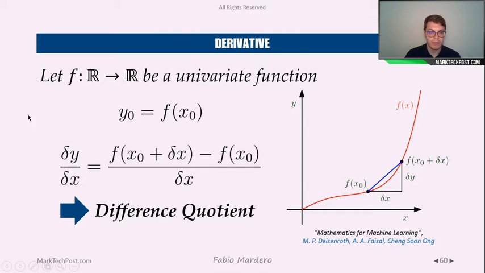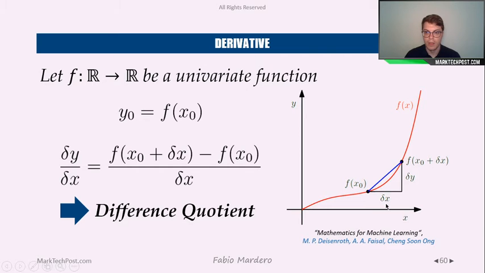We say that delta y over delta x is the difference quotient, and is equal to f of x0 plus delta x minus f of x0, over delta x. We can see this through this graph.